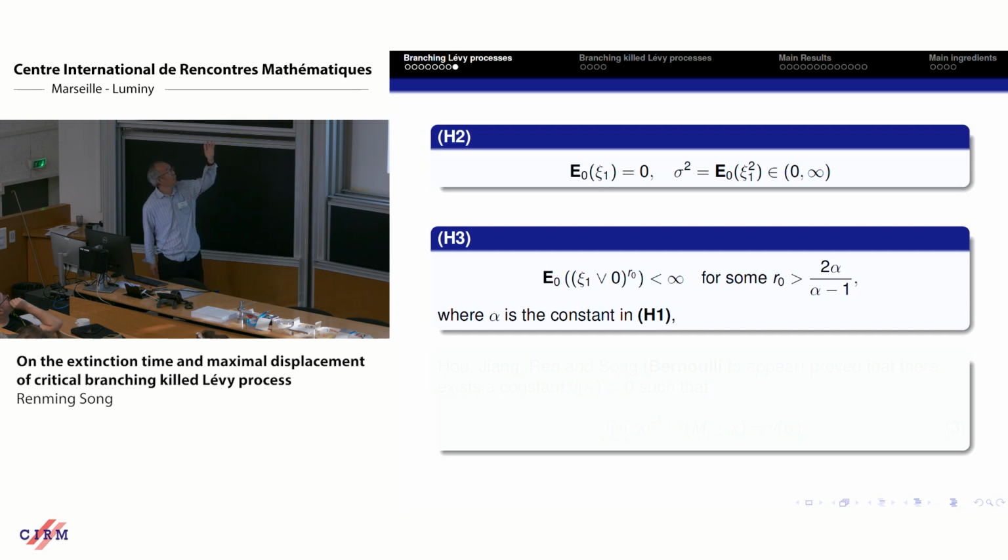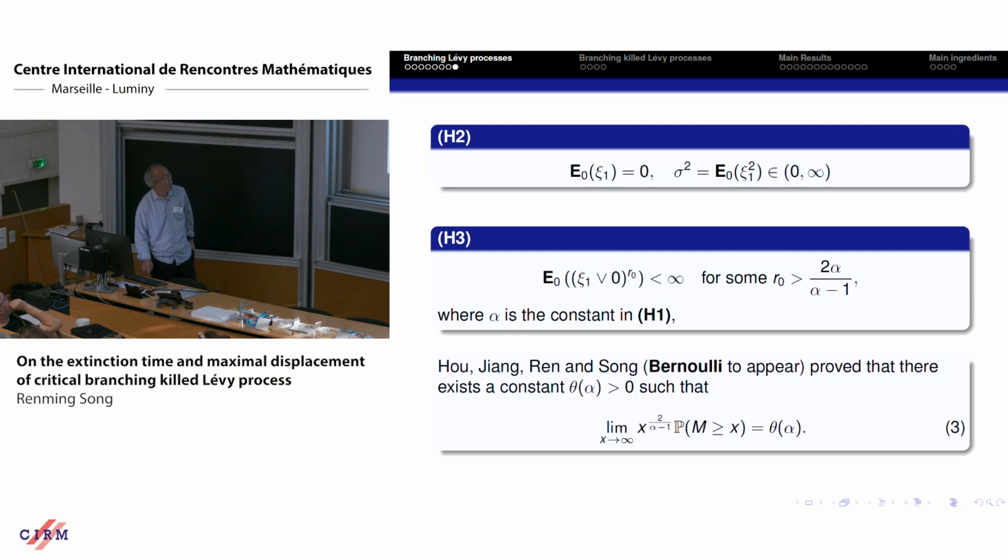Okay, so under H1, H2, H3, in this joint paper with Hao, Yiyang Jiang and Yan-Xia Ren, we prove that in this case the tail of this all-time maximal displacement behaves like x to the minus 2 over alpha minus 1.